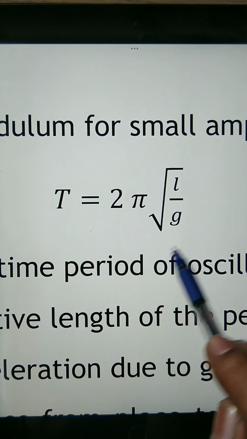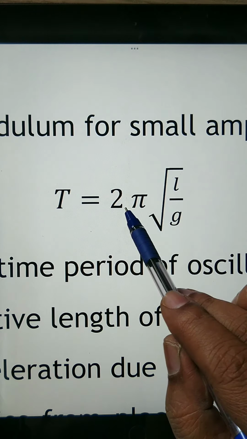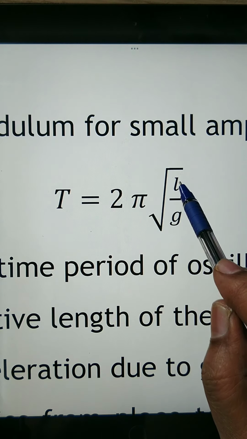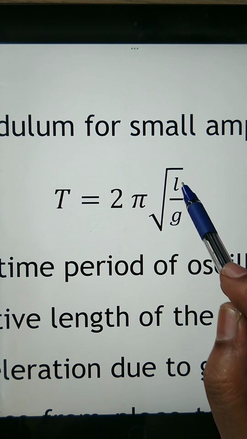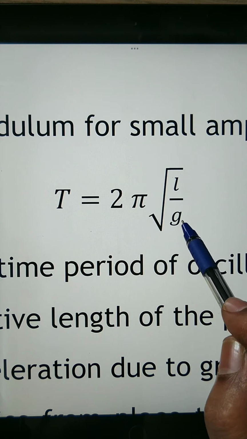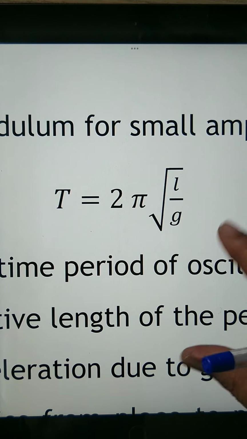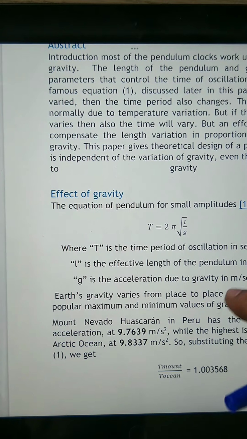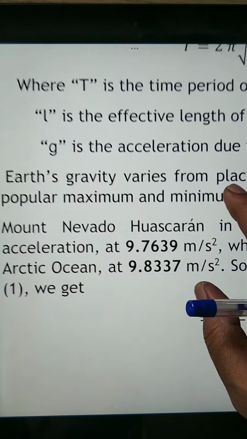This is a well-known equation, and we also know that the time period varies because of these two factors, that is L and G. Suppose you make L a constant, then it varies mainly due to the acceleration due to gravity G. We also know that the acceleration due to gravity varies from place to place on Earth itself.